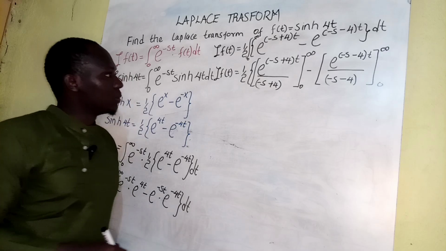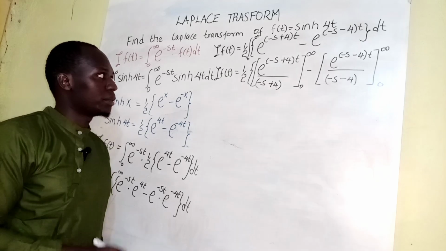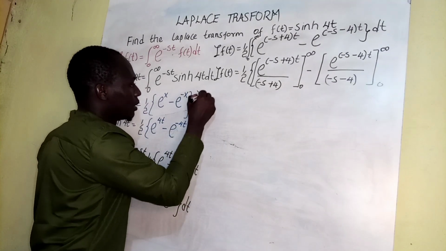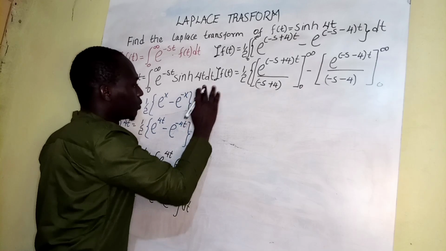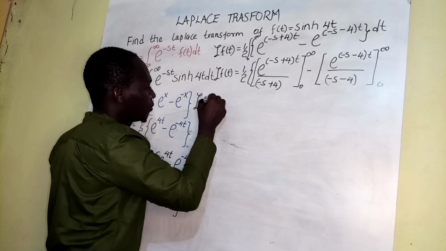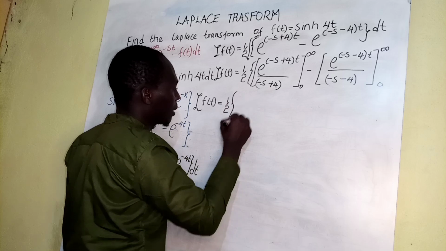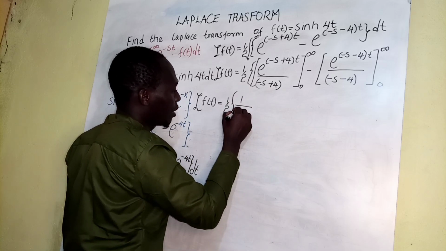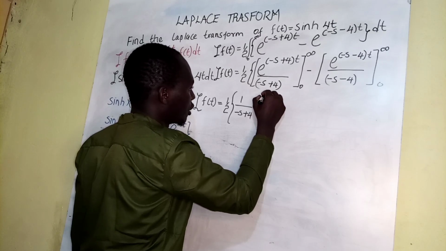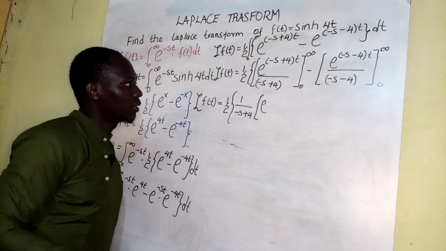Let us now do away with the limits that we were having. By doing away with the limits, we understand that the Laplace transform of our function f of t is going to be equal to a half. We multiply by 1 all over negative s we add to 4, into exponential.